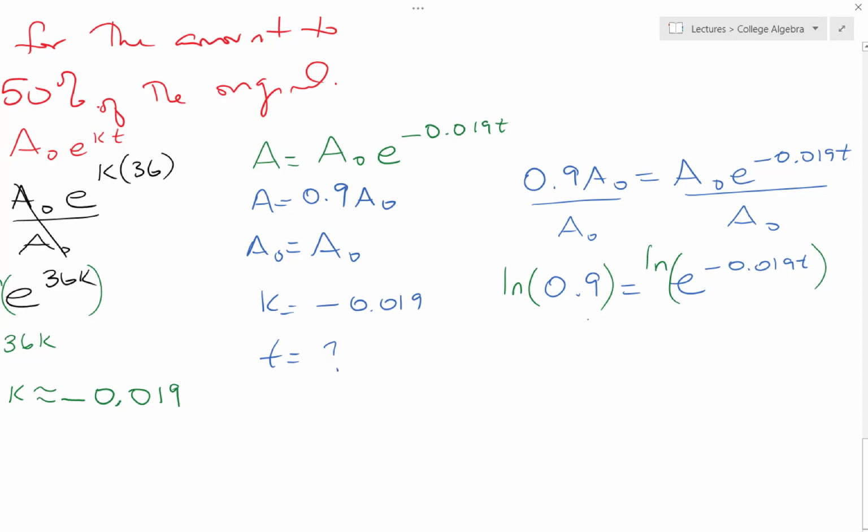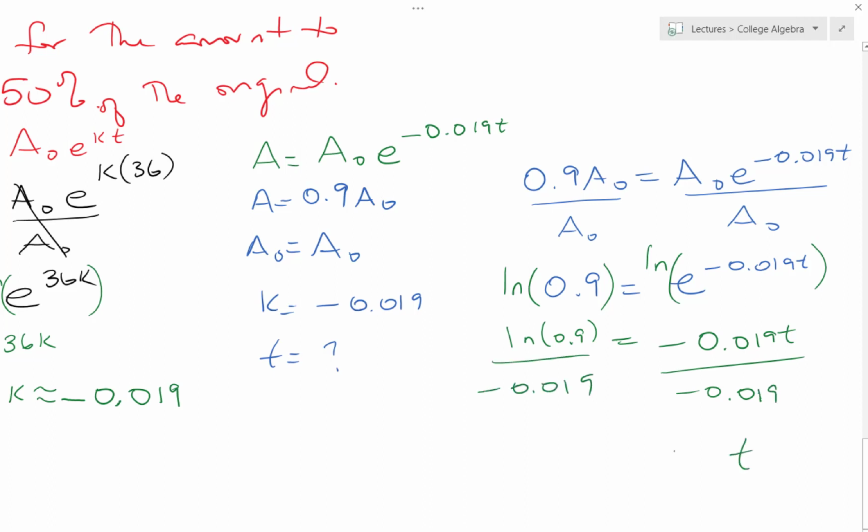So we have ln and e undo each other, and we have negative 0.019t is equal to the natural log of 0.9. And so now when I want to get t by itself, divide by negative 0.019, divide by negative 0.019, and t is equal to natural log of 0.9 divided by negative 0.019.